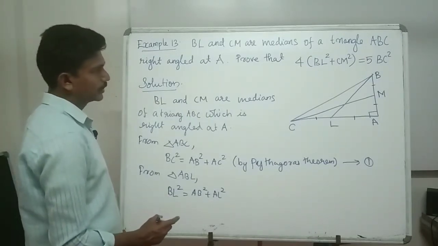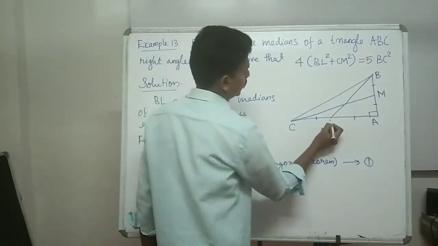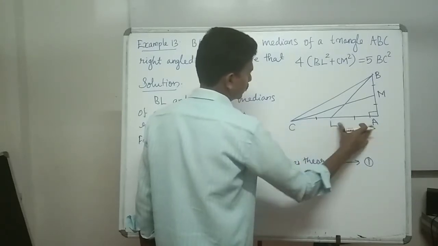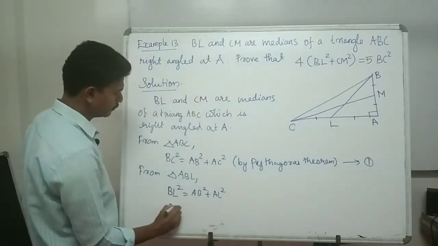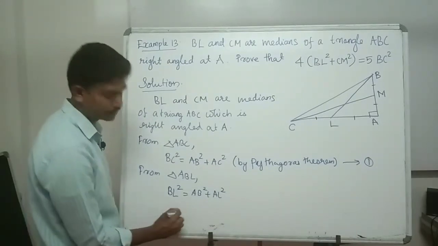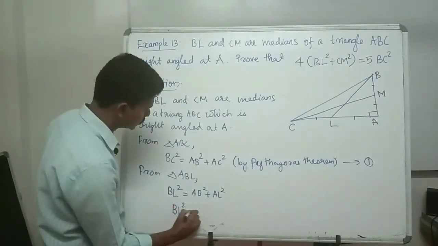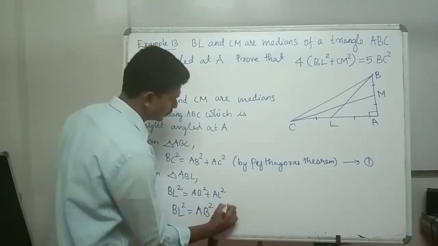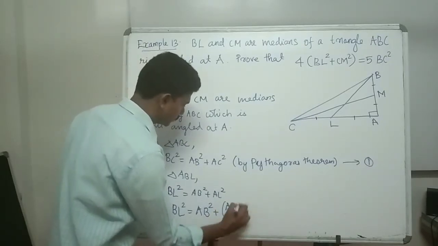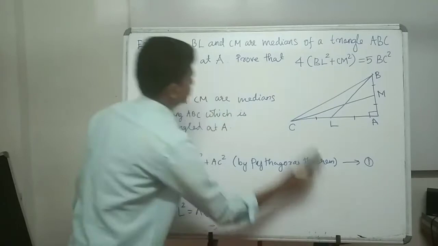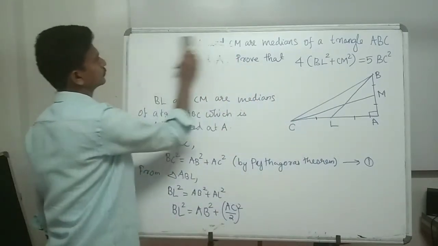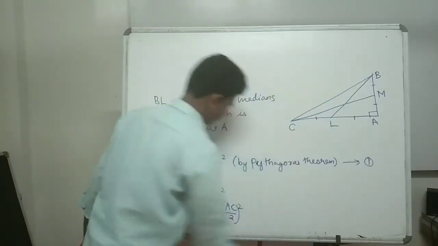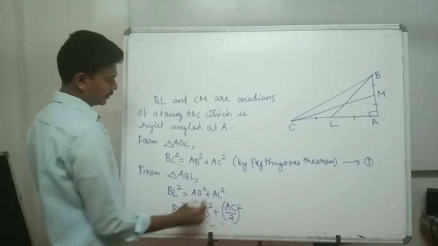Here, AL is actually half of AC, right? AL is half of AC, so we can substitute that. We cannot substitute anything else for BL, so we write BL as it is. AB also cannot be substituted. Next, in place of AL we can write AC by 2 the whole square. Next we can square this inside.